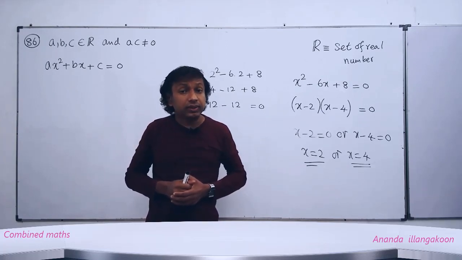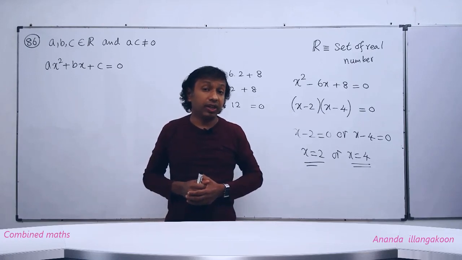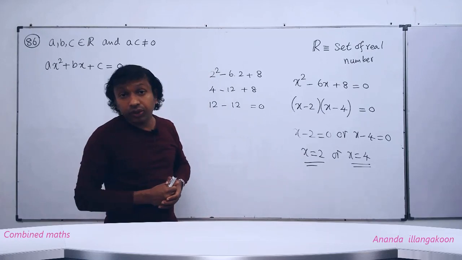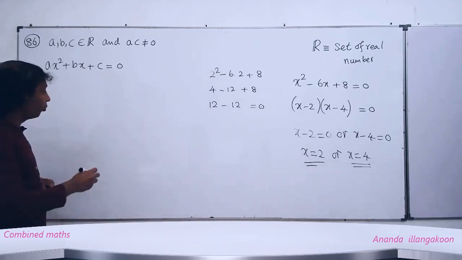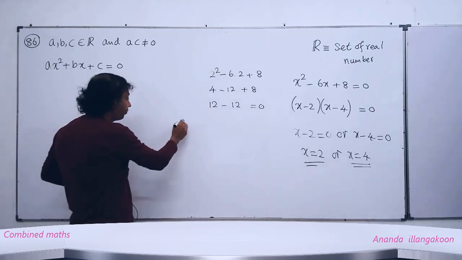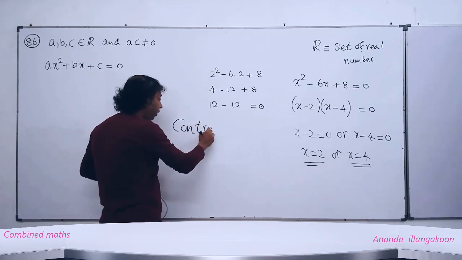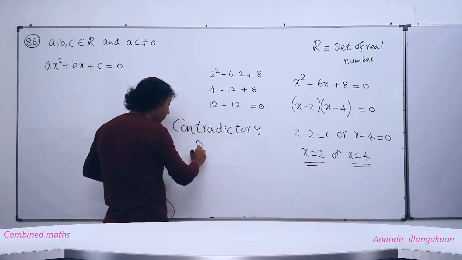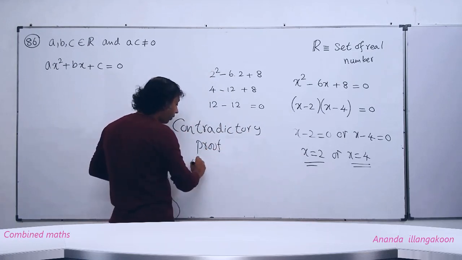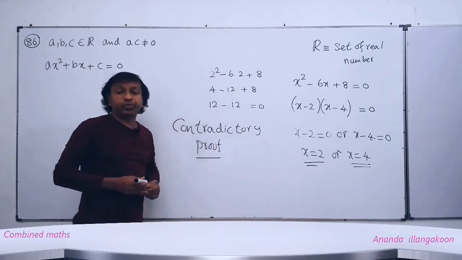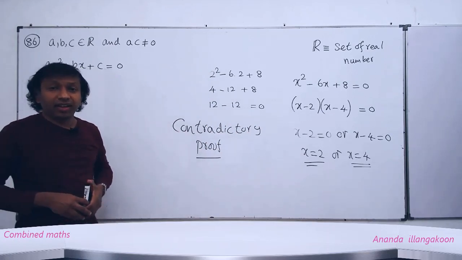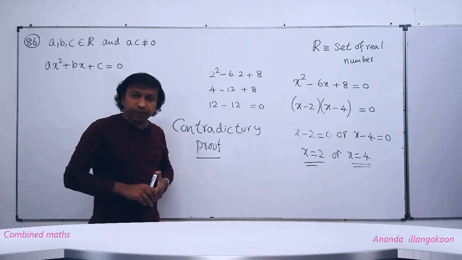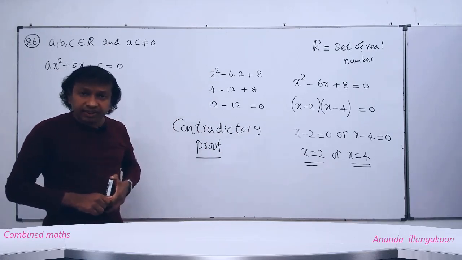People, another way we use in our A levels to prove something is actually known as contradictory proof.